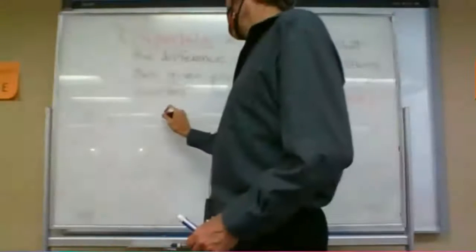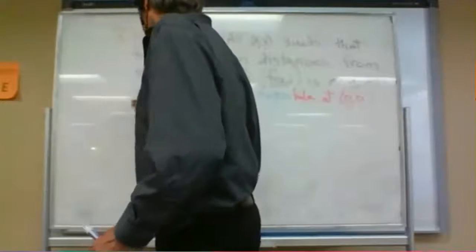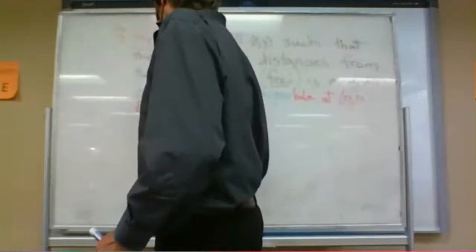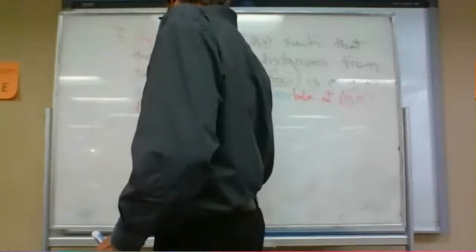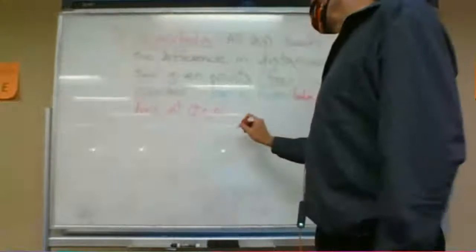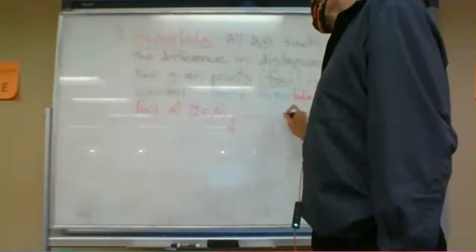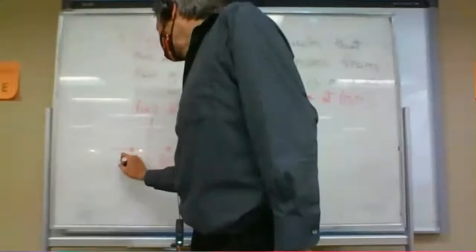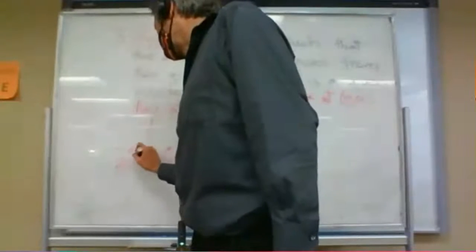This means you get foci along the x-axis, just like we tried with the ellipse, at plus or minus c, 0. Here's the distance formula. I better draw the picture. So the center's at 0, 0. Here's c, 0, one focus. Here's minus c, 0, another focus.